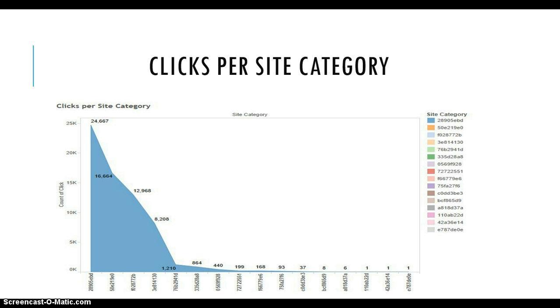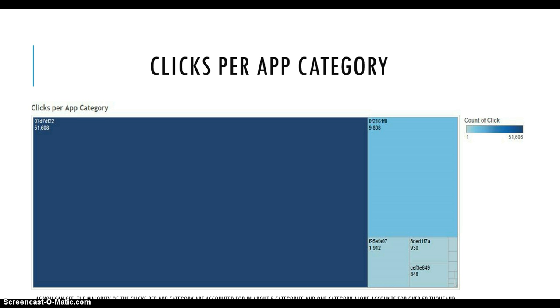The first category contributed to over 24,000 of the clicks. We also had clicks per app category. Again, you can see it's about 5 of the app categories contributed to the majority of the clicks, with one in particular being over 50,000 clicks. So I found that interesting.